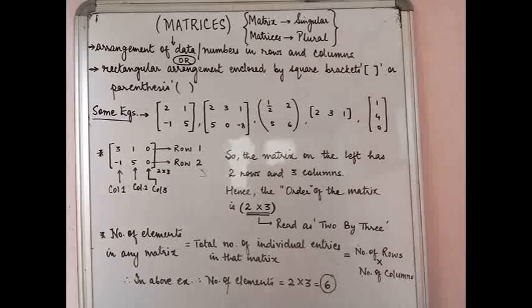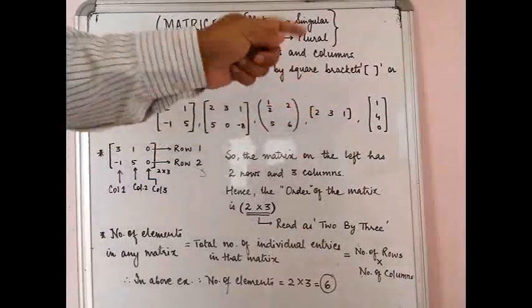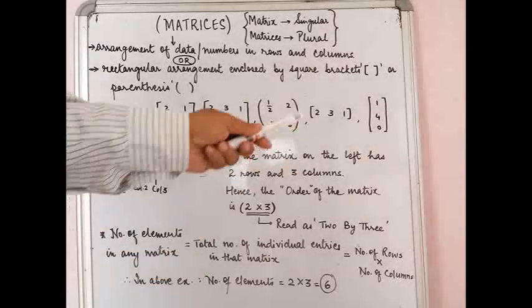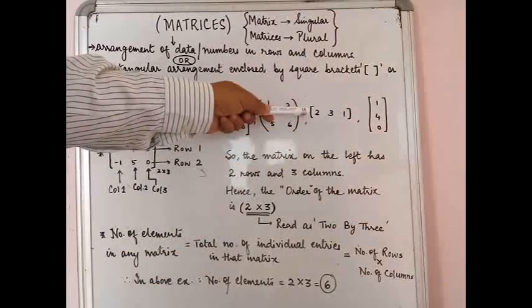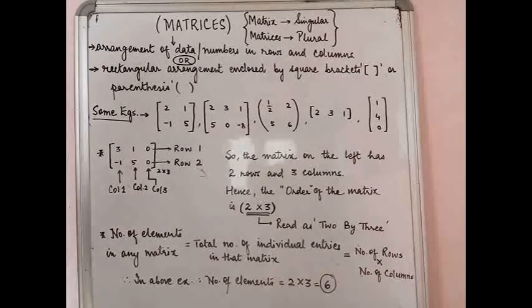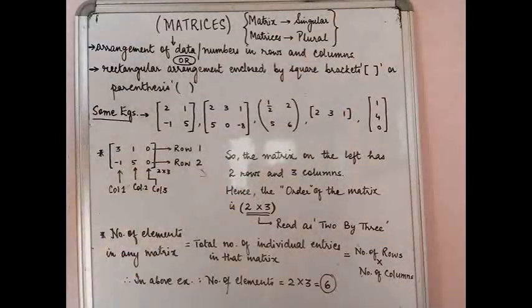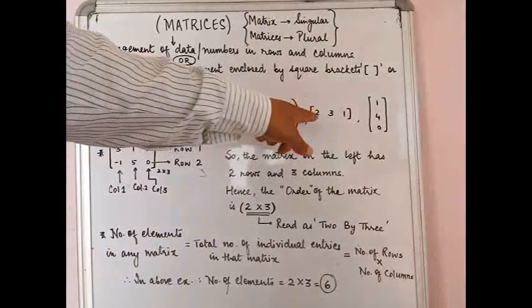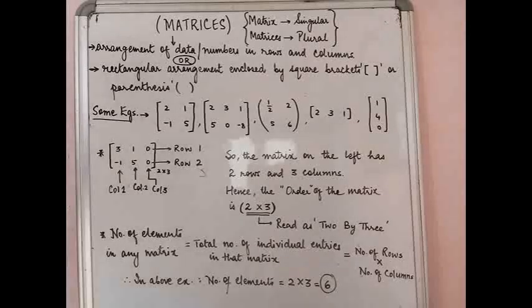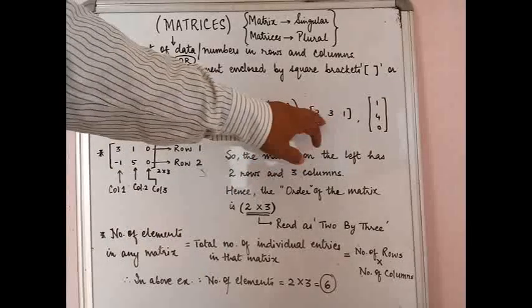If you count the number of rows, we will see that it only has 1 row, whereas obviously it has 1, 2 and 3 columns. So the representation is in terms of rows and columns, and there is a square bracket also, so we can call this a matrix.